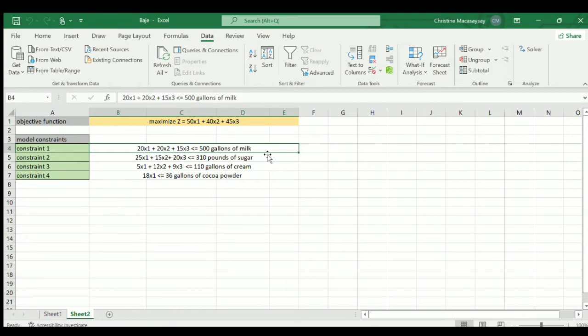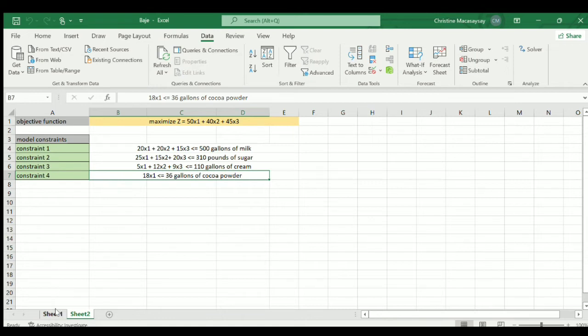For constraint 2, 25x sub 1 plus 15x sub 2 plus 20x sub 3 less than or equal to 310 pounds of sugar. Then for constraint 3, 5x sub 1 plus 12x sub 2 plus 9x sub 3 less than or equal to 110 gallons of cream. For constraint 4, 18x sub 1 is less than or equal to 36 pounds of cocoa powder.